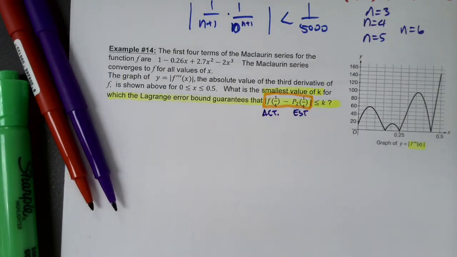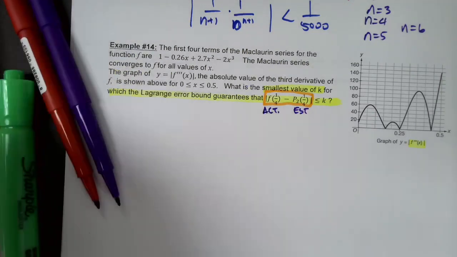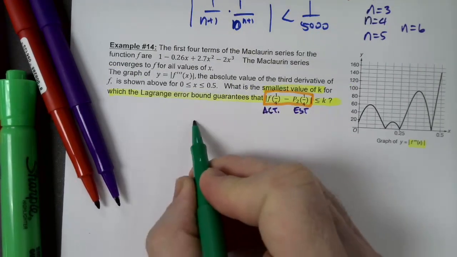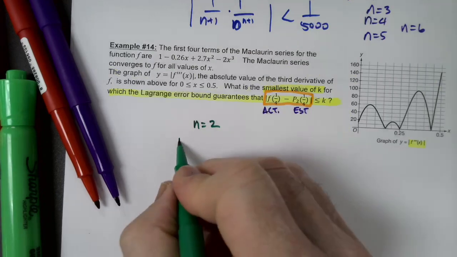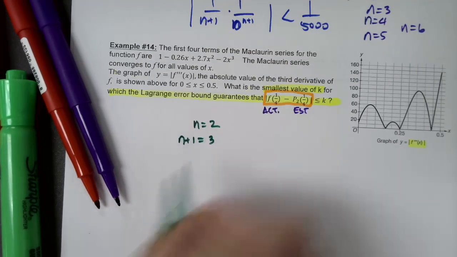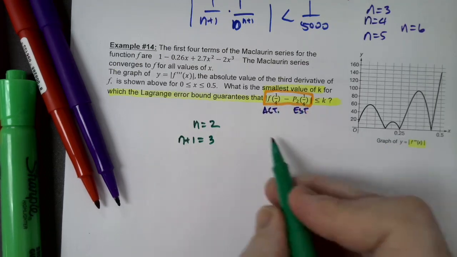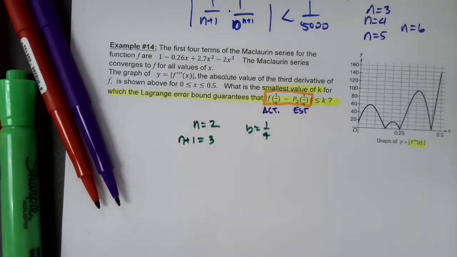They didn't use those words at all, but they showed it to you like this. That is the maximum error, the error bound on this one. Also, what we can see from this, it says p sub 2, so that means n equals 2, which means our n plus 1 will be 3. Also, you can see in these, it's using 1/4, so that means our b value is 1/4.